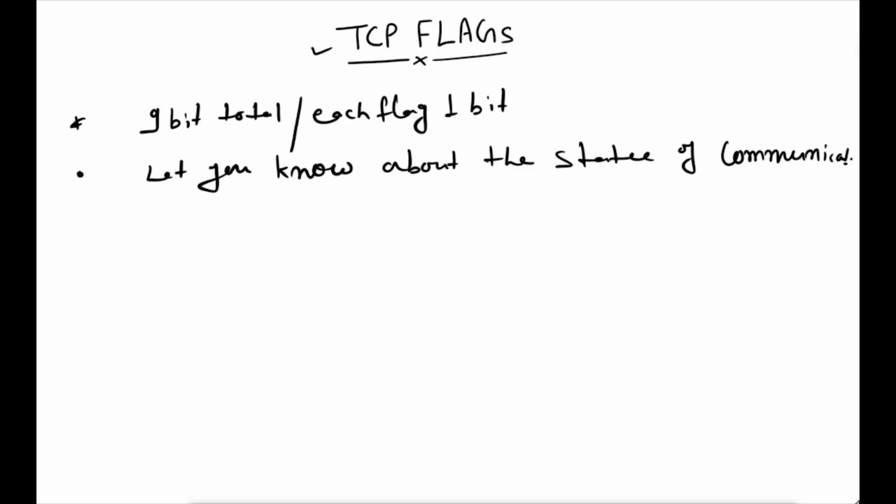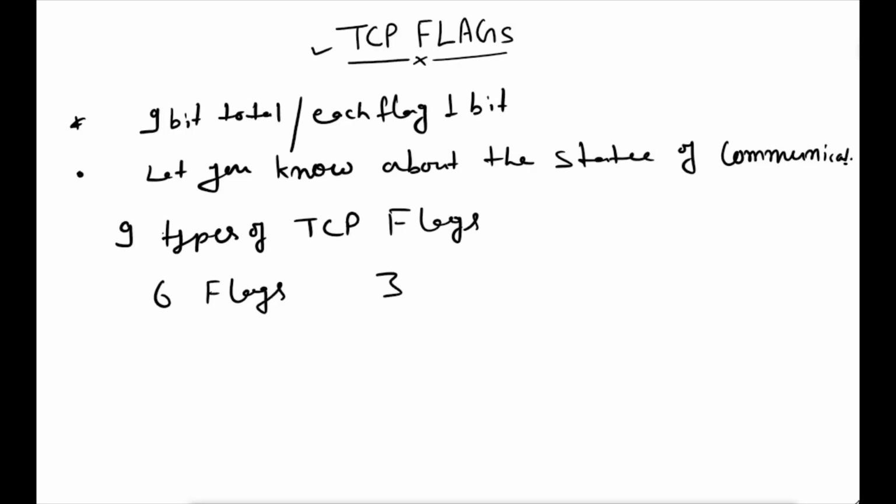Okay, now let's see the types of TCP flags. There are 9 types of TCP flags. 6 flags we commonly use and 3 flags are for special cases.